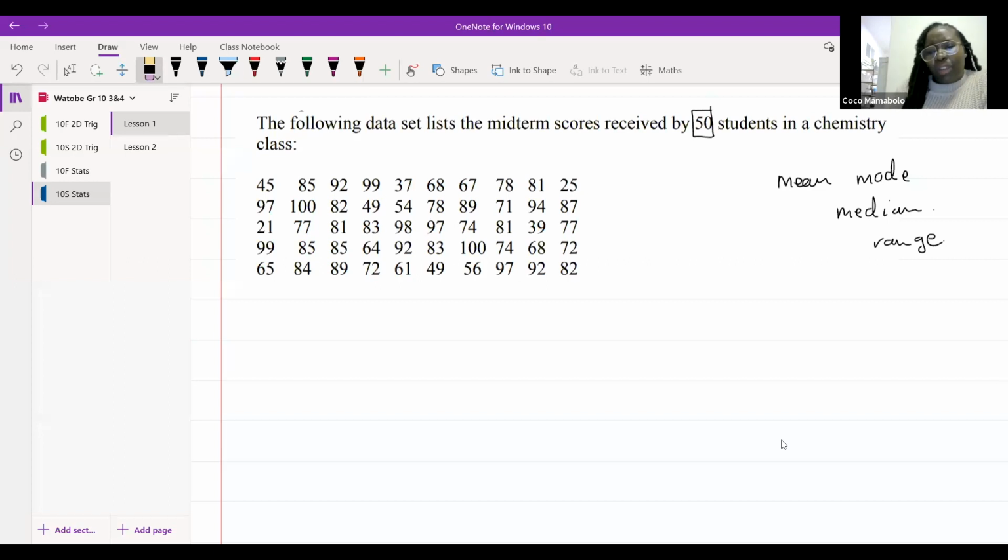Give me a thumbs up if we all agree with Hugo. Why does Hugo say we should start at 21? Who knows? I agree with Hugo. What do you guys think? Why would we start at 21? Good, good. Because the lowest value we have is 21.